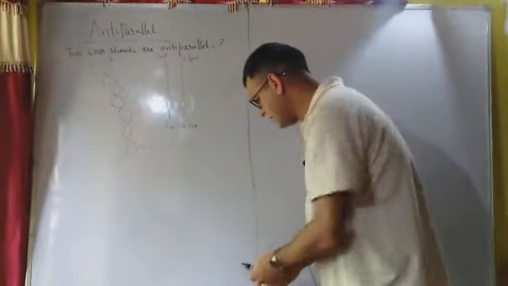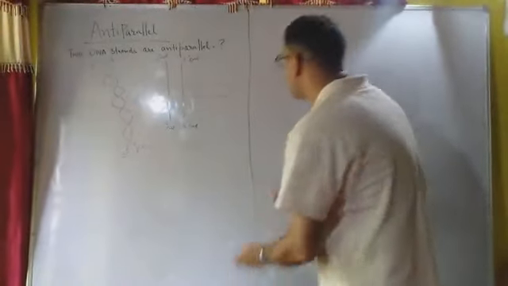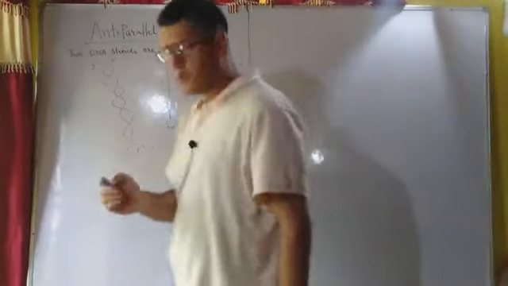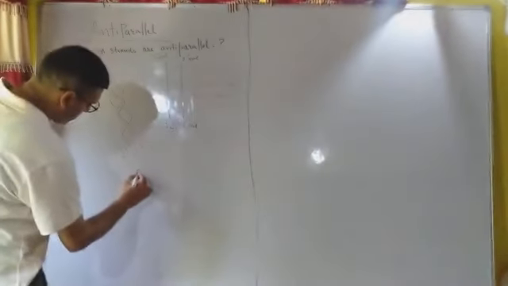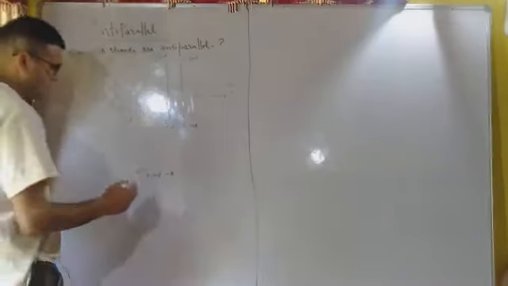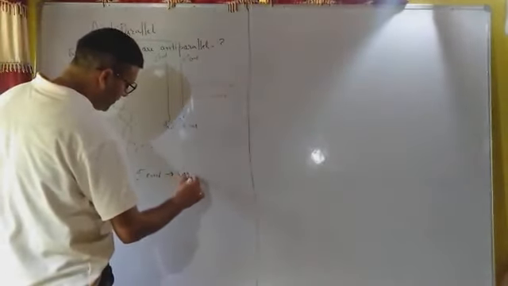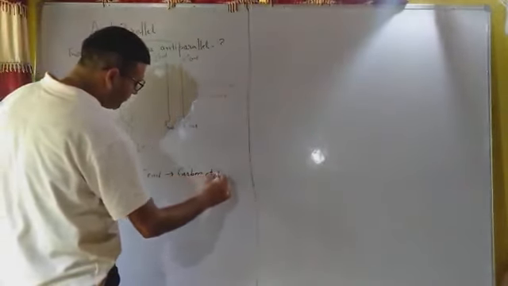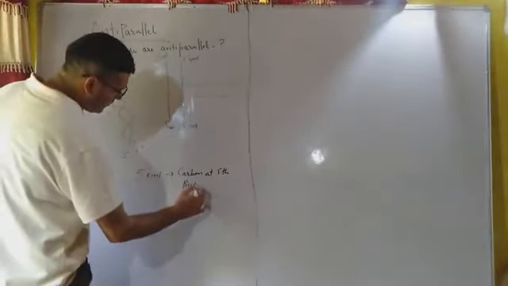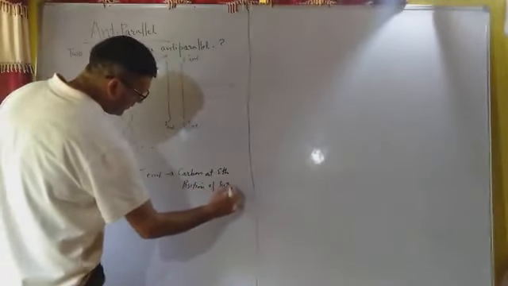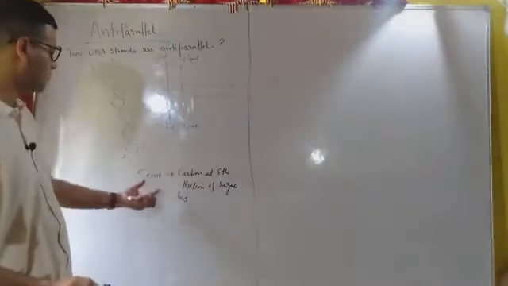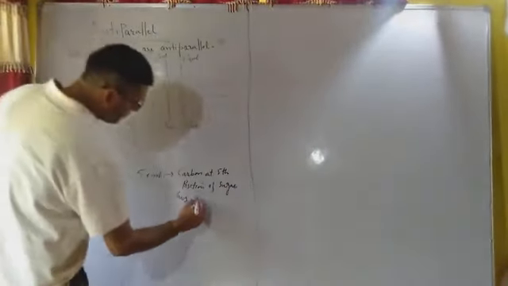Actually, what is this antiparallel nature? We have the 5' end. It means that the carbon at fifth position of sugar has a phosphate group free.